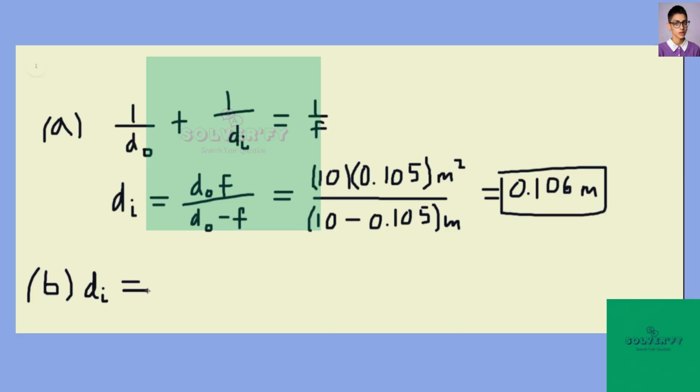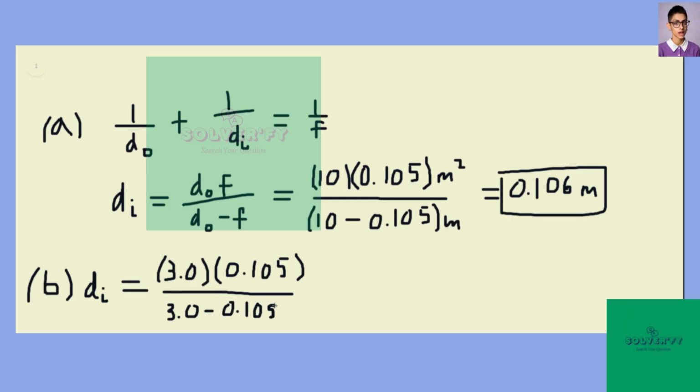So now for part B, the distance to the object is no longer 10 meters, but 3 meters. And we multiply that by our same focal length, 0.105 meters, divided by, this time, 3 minus 0.105.